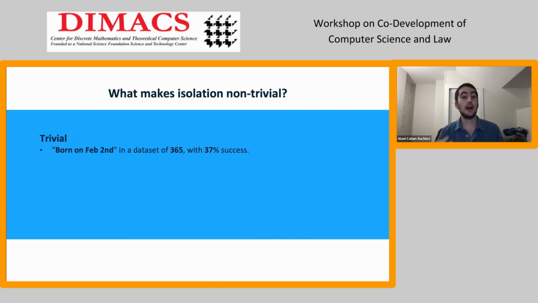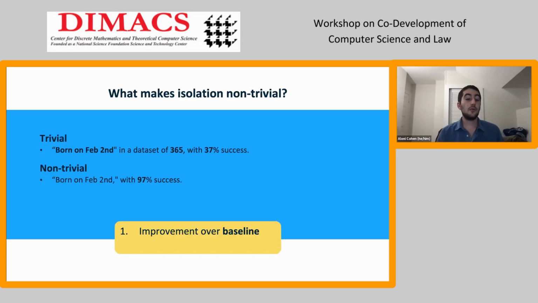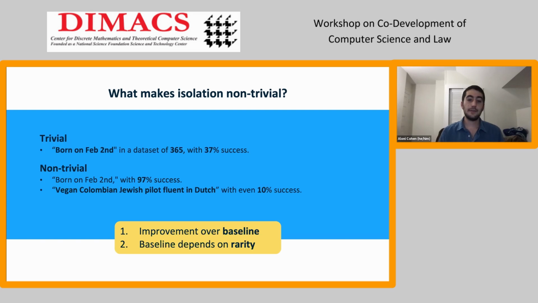So what makes isolating non-trivial? One thing is if you guess one person's born on February 2nd, and you're right with 97% probability, much higher than 37, which suggests that there's some improvement over a baseline that is important here. But the baseline is not fixed at 37%. For example, if the adversary was able to guess that there's one vegan Colombian Jewish pilot fluent in Dutch with even 10% chance of success, that would be very surprising.